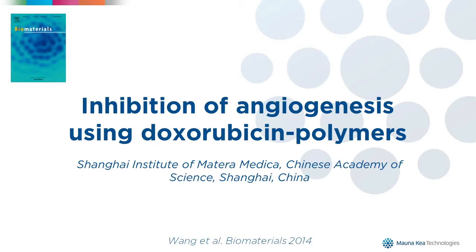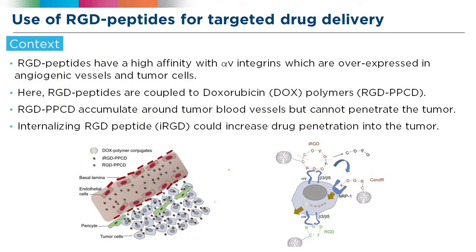So the second example I wanted to show you is the study of different doxorubicin polymers and how these doxorubicin polymers can inhibit angiogenesis. So we are going to talk about RGD peptides.